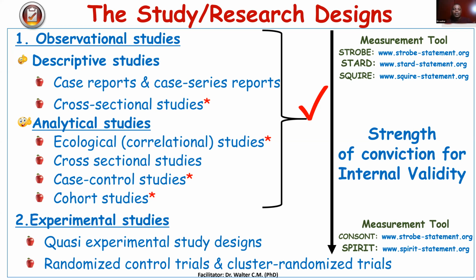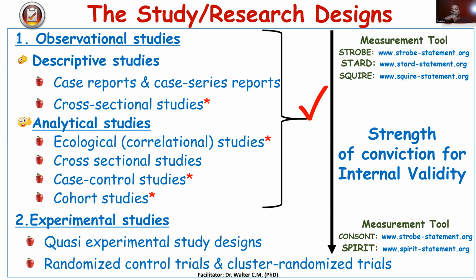In observational studies, we have several tools that, before you even go to data collection, you need to sit down and take those tools and make sure that you have adhered to them, because they provide guidance and guidelines. If we want to do a cross-sectional study, the tool guides you to make sure that you have this, this, and this for cross-sectional studies, case control, ecological, case series, case studies, or cohort. So I've provided some of the measurement tools for observational studies.